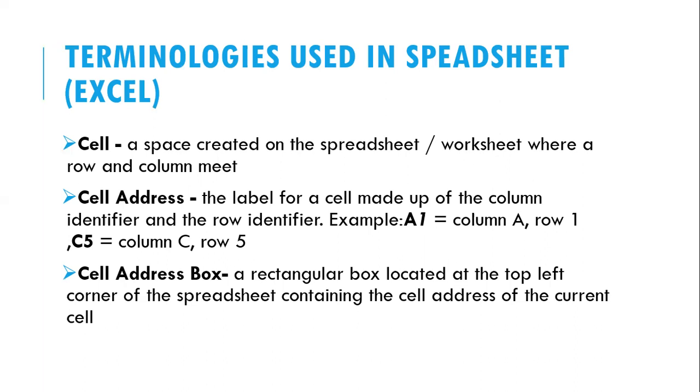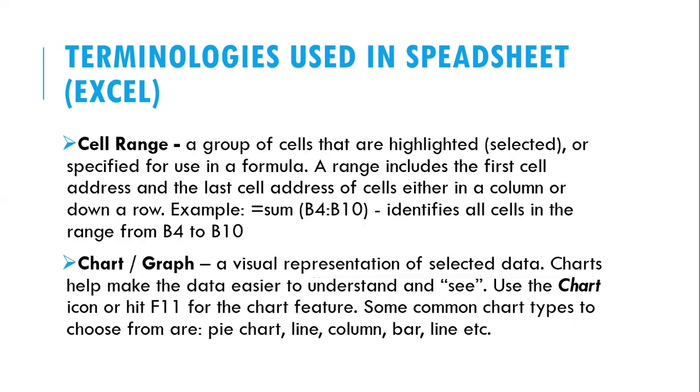Cell address box: this is the rectangular box located at the top left corner of the spreadsheet containing the cell address of the current cell that is being accessed. Cell range: this is the group of cells that are highlighted or selected or specified for use, maybe in a formula.